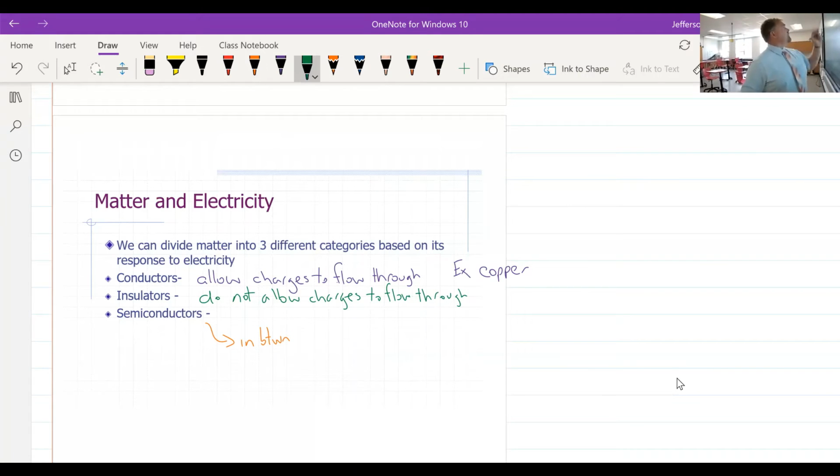An insulator, we're talking like glass. And the semiconductor, the best known example is probably silicon. And there are other ones that we'll talk about as well. But just to give you some examples.